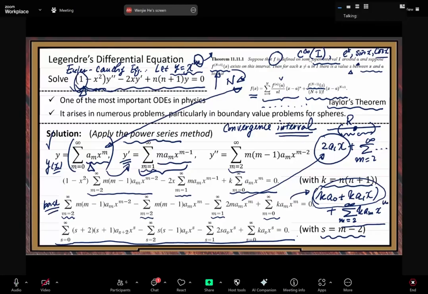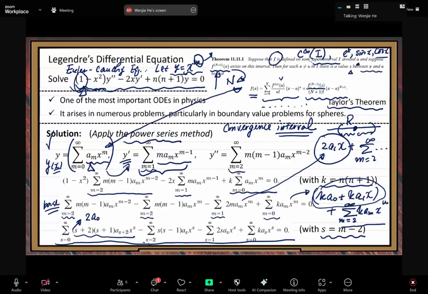You add up all the terms for s equal to 0. It should be 0. Here you plug in 0. 2 times 1 times A0. So the contribution from this summation is 2A0.